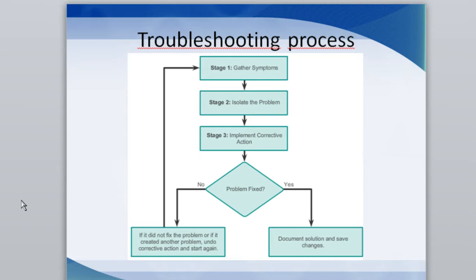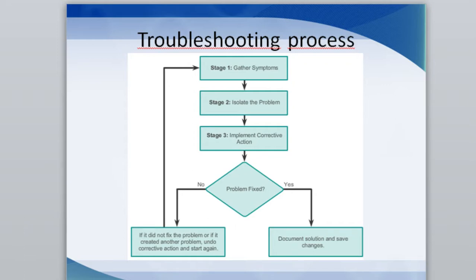If your problem is not fixed, then you should undo everything you did in the action that you thought would correct the issue, and begin the troubleshooting cycle again, gathering symptoms, isolating the problem, and so on until your problem is fixed.